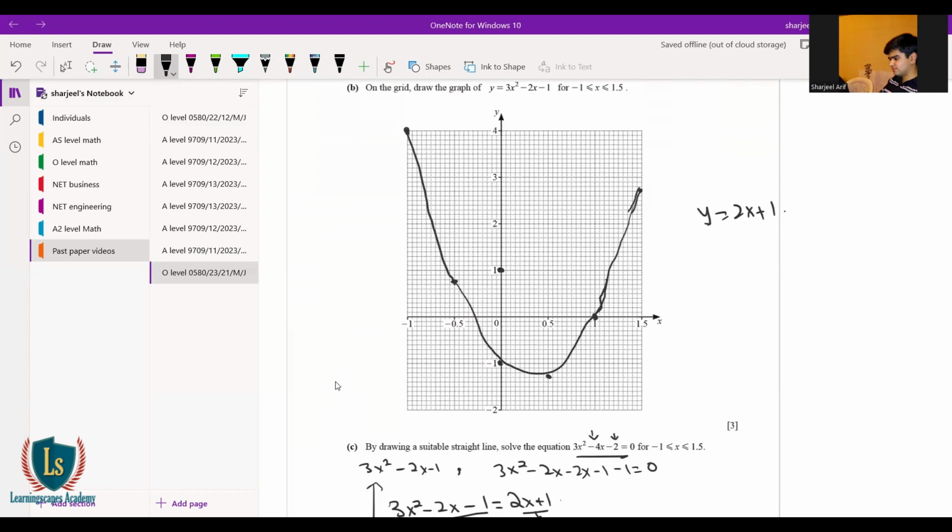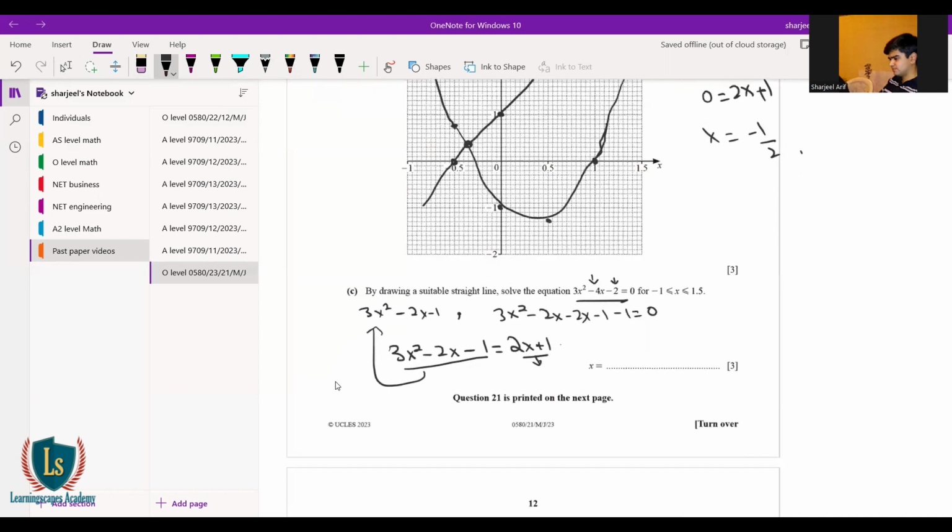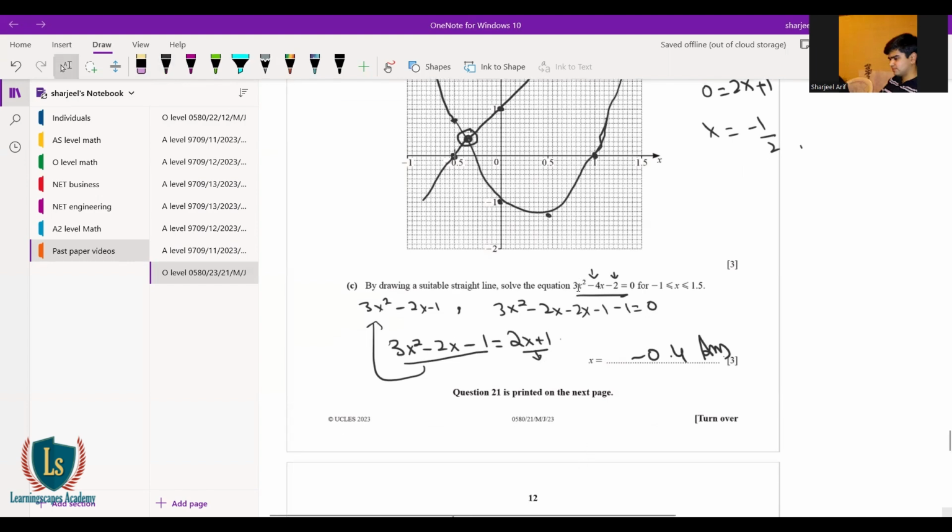Then substitute y equals 0, and we will get x equals minus 0.5. So this is the point. The point where the two graphs intersect will give us the solution, and that is around minus 0.4. So minus 0.4 is our answer. This is the required point. We will use the value of x because that is what is required.